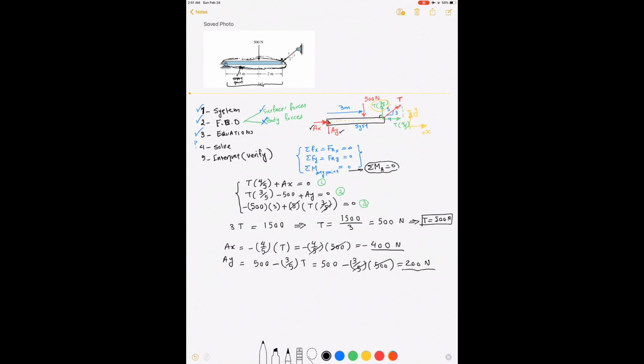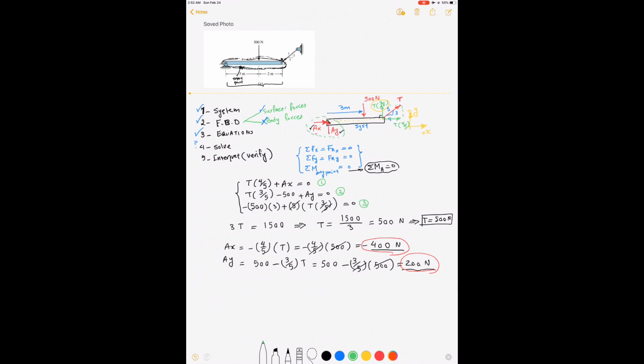Now look at these signs. This one is a positive value, right? This one is negative. In fact, if you go back to the original picture right here, now I need to use a different color. So you see this force right here.